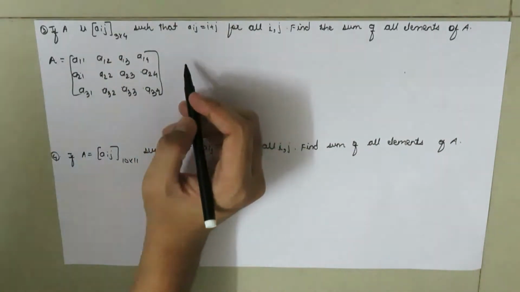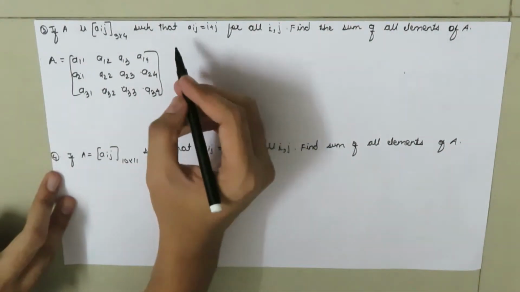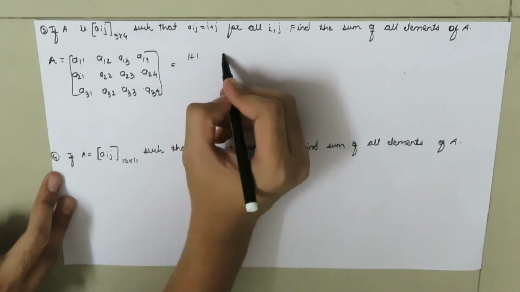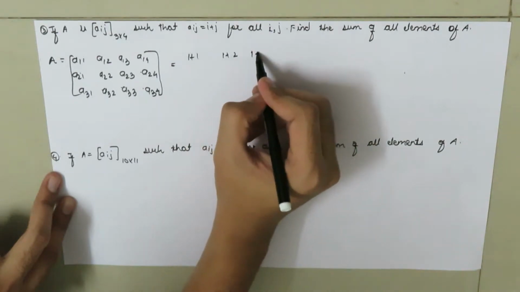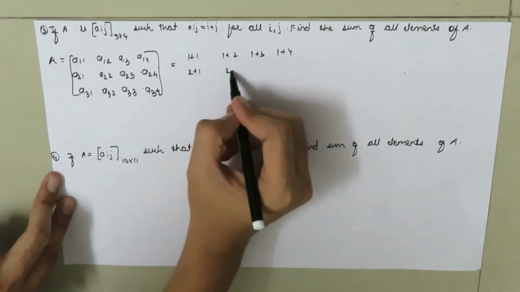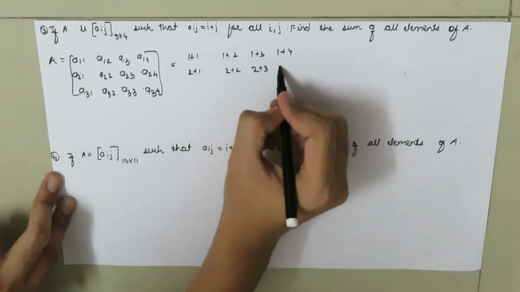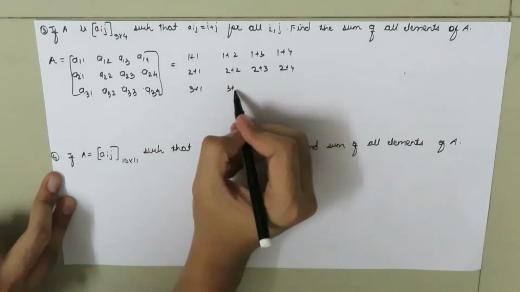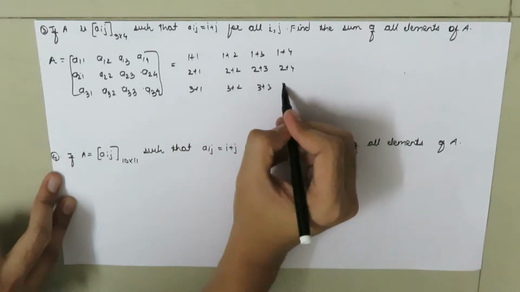And Aij is equal to i plus j, so this is going to be equal to 1 plus 1, 1 plus 2, 1 plus 3, 1 plus 4, this is 2 plus 1, 2 plus 2, 2 plus 3, 2 plus 4, this is 3 plus 1, 3 plus 2, 3 plus 3, and 3 plus 4.